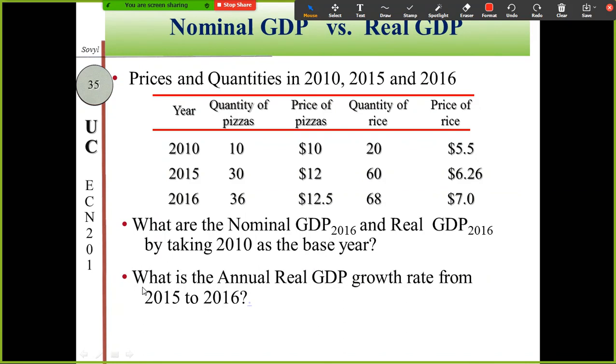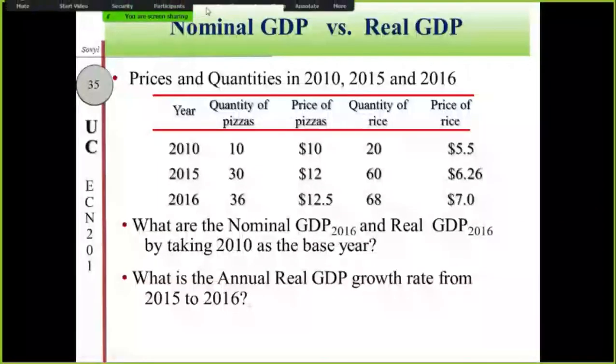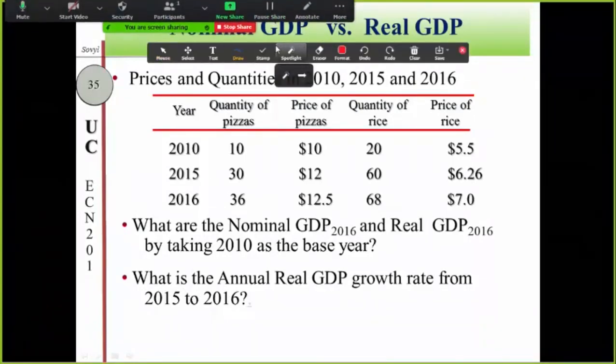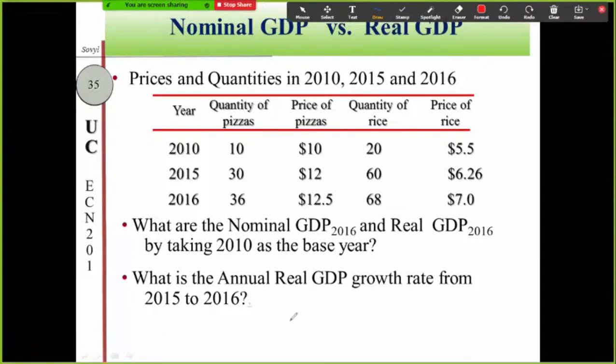Second question: what is the annual real GDP growth rate from 2015 to 2016? Okay, for the second question, you need to find n. As I mentioned earlier, n is the number of years in the period, or number of months, quarters, or semesters in the period, but it should be year because it is annual.